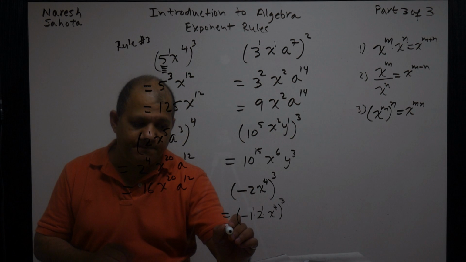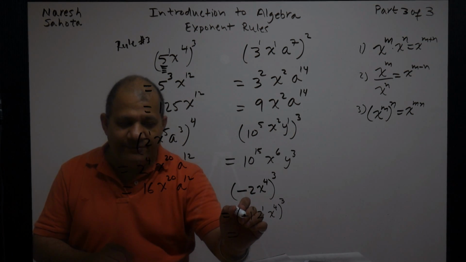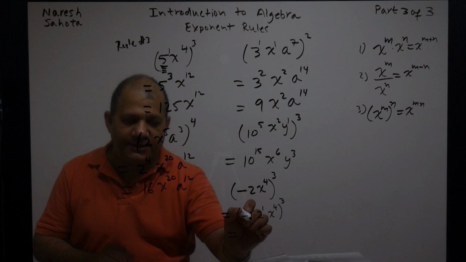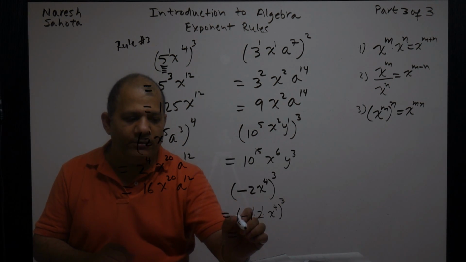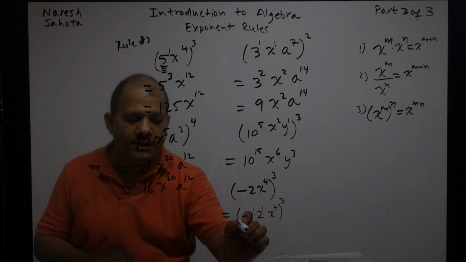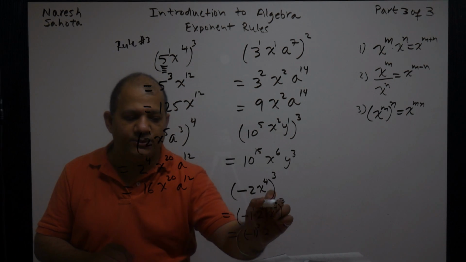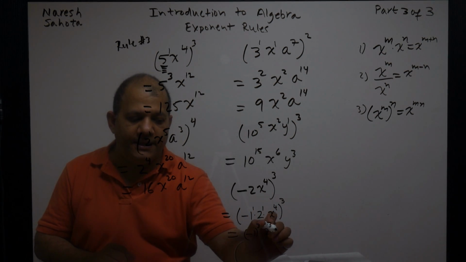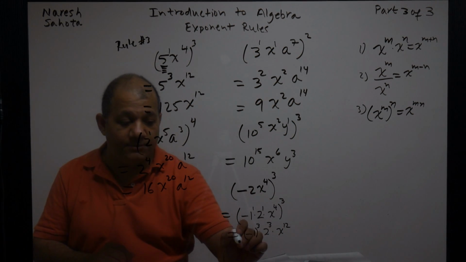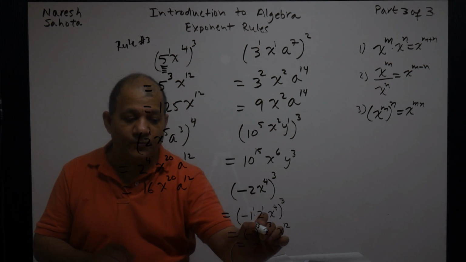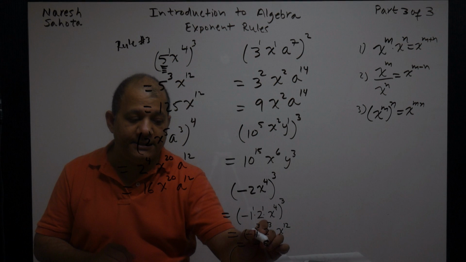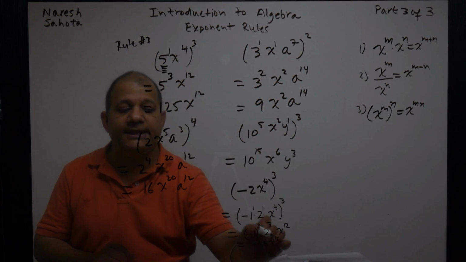The negative, I just put a factor of 1 right after the negative sign because that's what it is. So now this really becomes negative 1 to the exponent 3, and then we have 2, 1 times 3 is 3, and then x to the 4 times 3 is 12. So that's what that becomes. And this equals negative 1 to the odd exponent is negative, 2 to the 3 is 8, and x to the 12. So that's the answer there.